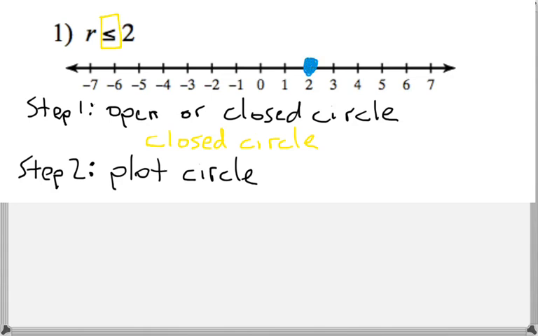So there is my closed circle at 2. Step 3 is going to be determining which side we need to shade. Sorry, step 3. I think I said step 2. Step 3 is going to be determine what side to shade.